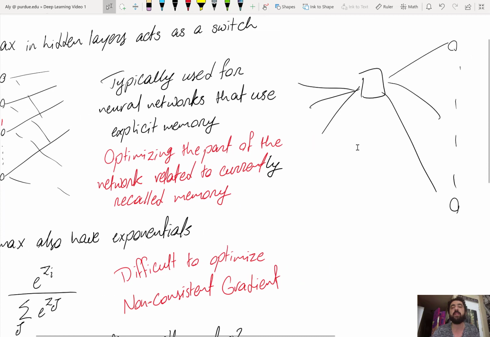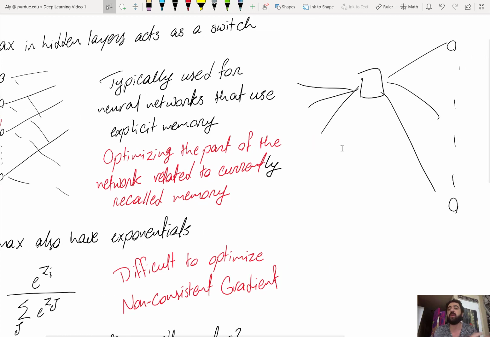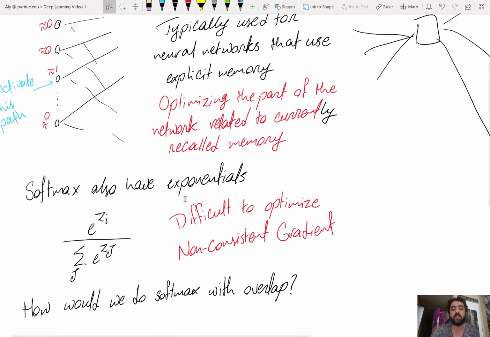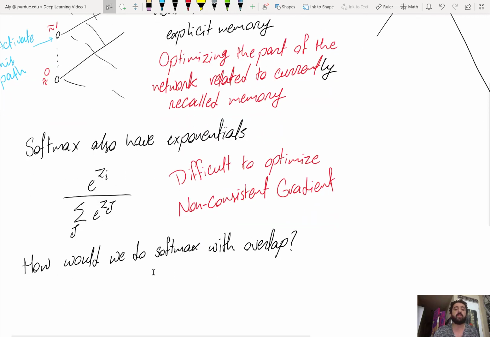With maxout, the functionality is completely different. Maxout is a variant of rectified linear units. It's just a way of selecting one of the inputs. It's not an attention mechanism. It's not a switch. The other major difference is that we discussed how to use maxout with overlap between the units to avoid catastrophic forgetting. It's not clear at all how to use softmax with overlapping units, and this is kind of an open thought exercise.